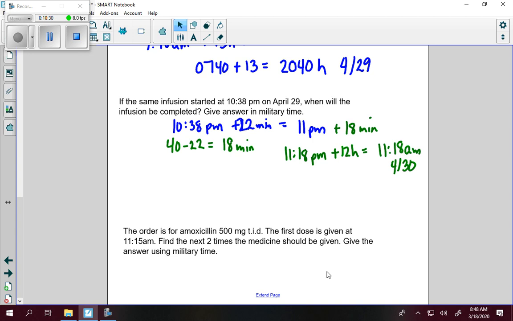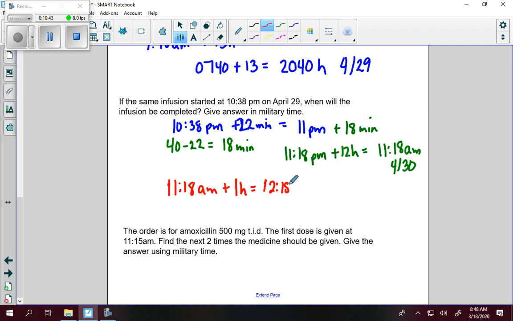I only added 12 hours, but the problem said 13 hours, so I need to add another hour. So when I have 11:18 a.m. plus 1 hour, then I have 12:18 p.m. on April 30th. And since it says military time, now I'm going to change it to 12:18 on April 30th.